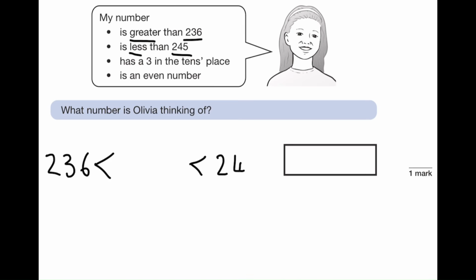So we've left a space in the middle for the number. It has a 3 in the tens place, so we're going to put a 3 in the tens place. And we know that it's an even number. Even means you can divide it by 2.